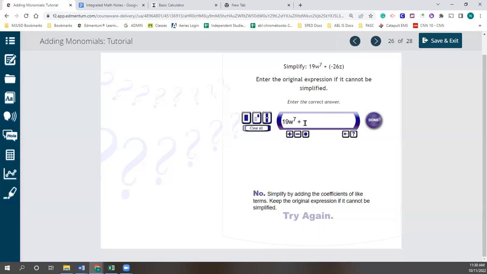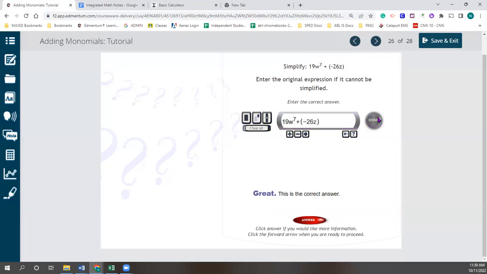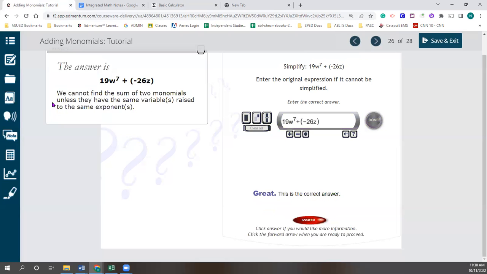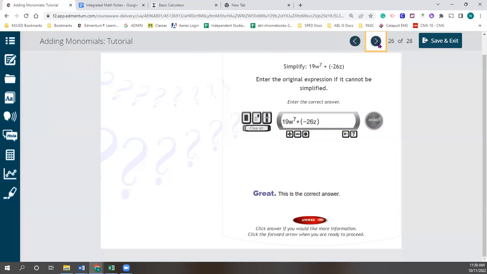So now it's plus parentheses, shift 9 is parentheses. Notice it put the closed ones there. Minus 26 Z. That looks the same to me. Hit done. Correct. We cannot find the sum of two monomials unless they have the same variables raised to the same power. Okay.